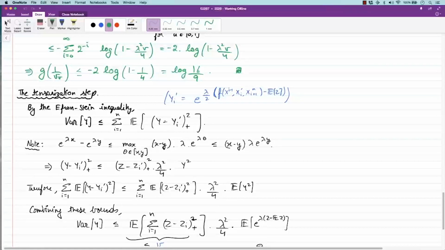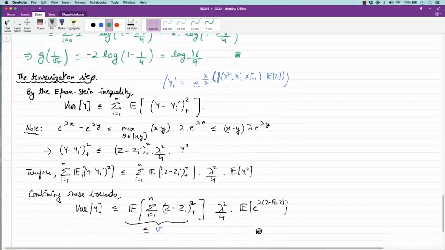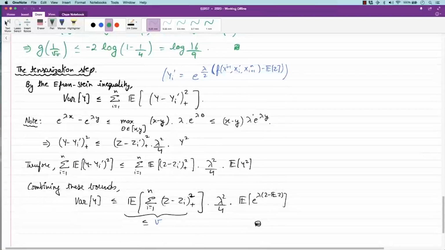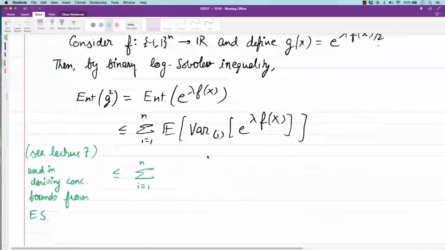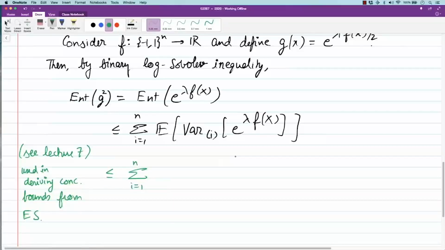This quantity here is our variance, and we saw that it is less than or equal to the variance of z minus zi prime times this y square. So what did we show?